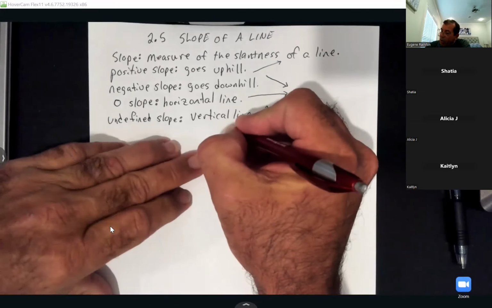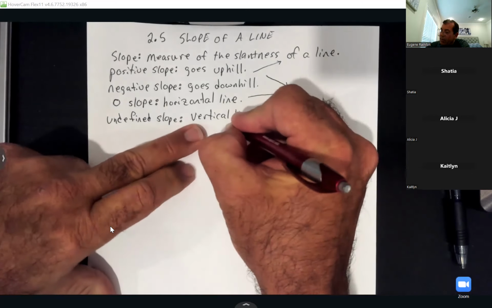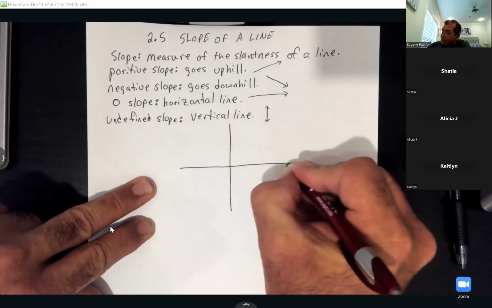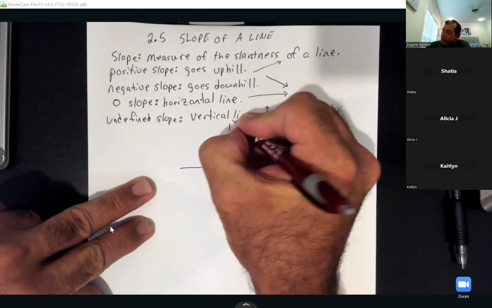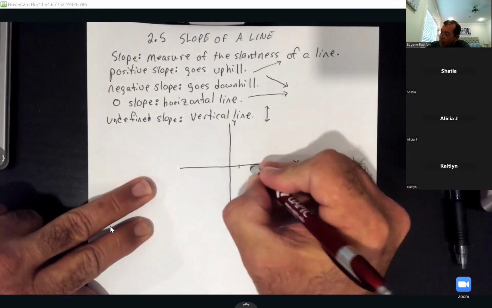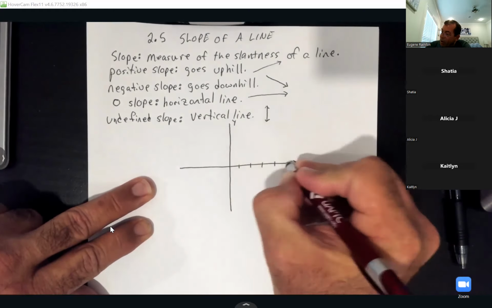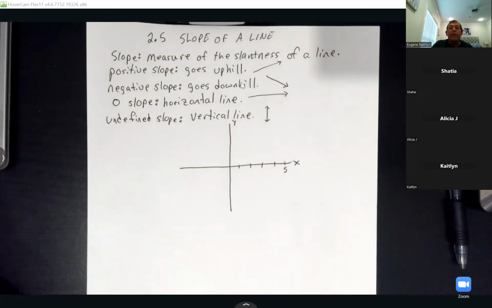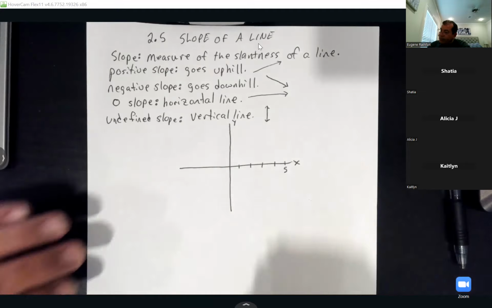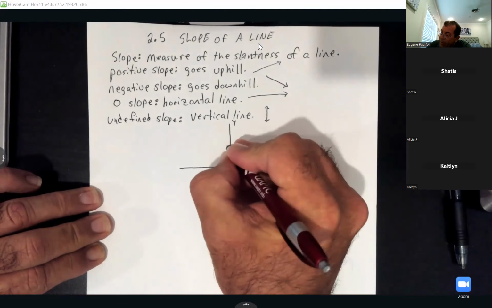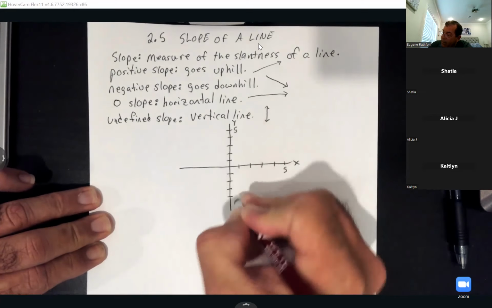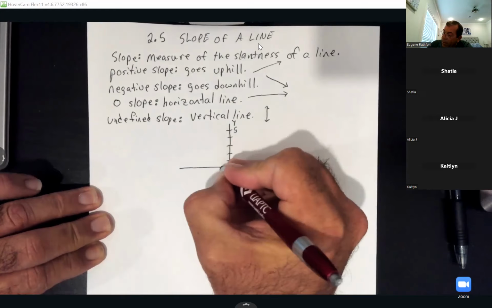So I'm going to sort of draw what I mean by the slope. I'm going to make my graph small, just going out about 5, okay? Then I'll go 5 up, 5 down, and then 5 left.